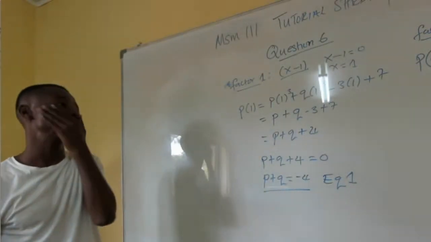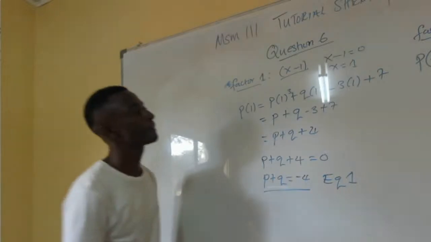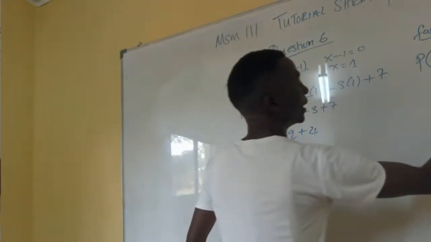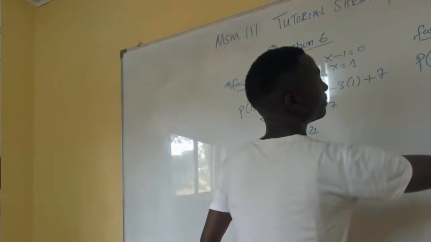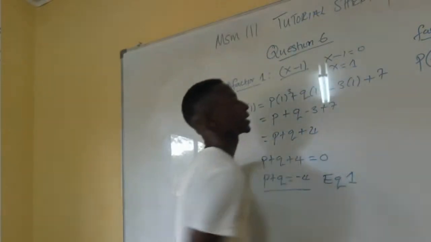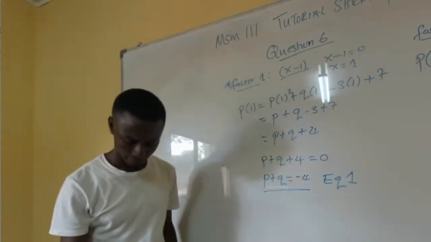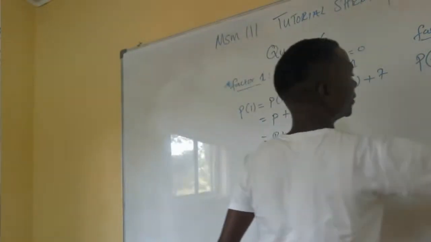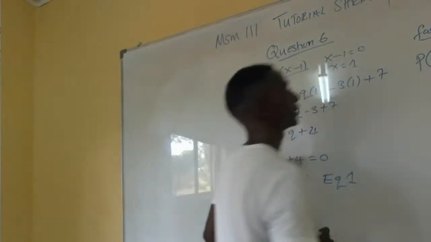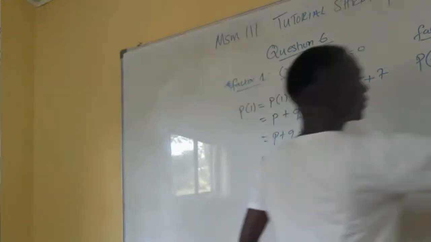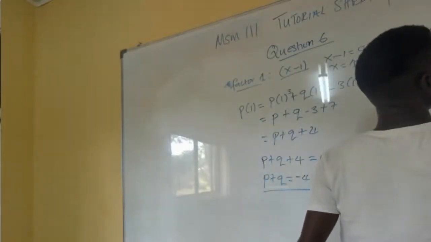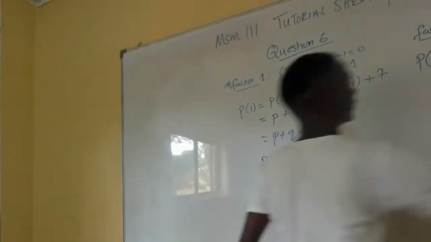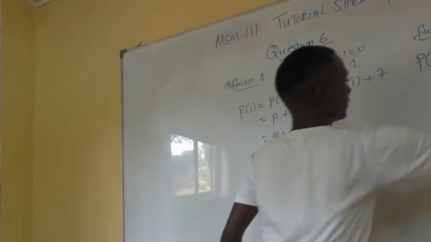So let's proceed. Negative p plus q. If you add the two constants, we're getting 10. So now, following the same concept, p(a) should be equal to 0 if that one is a factor.